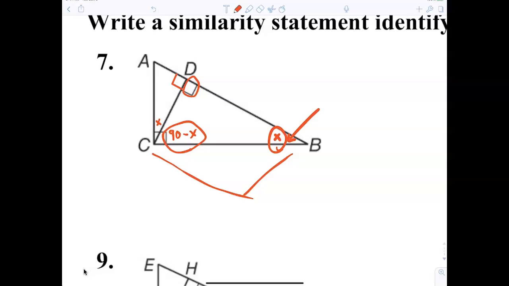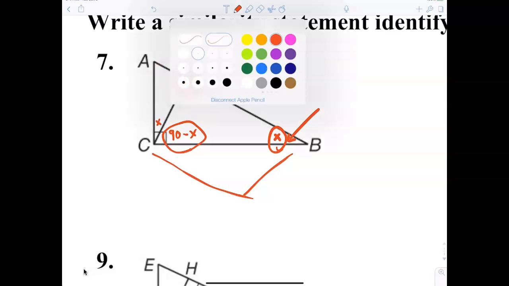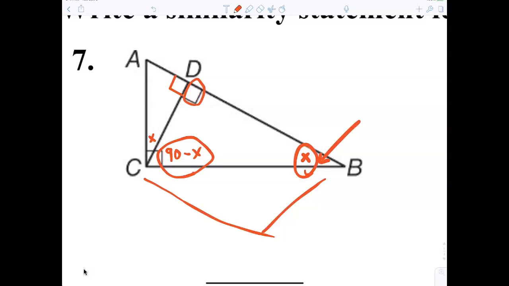Now I need some help with that angle right there. What's that angle? Of course, 90 minus x. Very, very good. So now I want to erase that, go down here, and put 90 minus x.